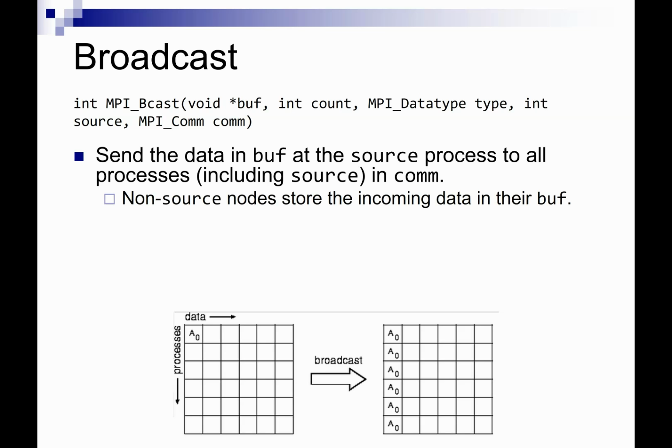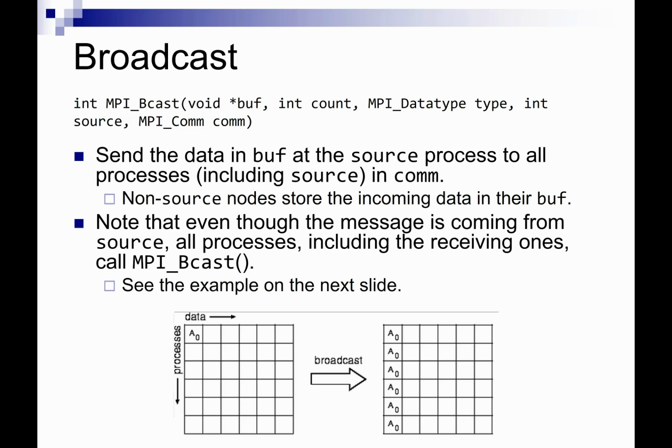Now, remember that MPI is this SPMD model. That means that every process runs the same program. Here we're trying to do a broadcast from a source node, so let's say that node is node 0. Then node 0 is going to call this line in its program.